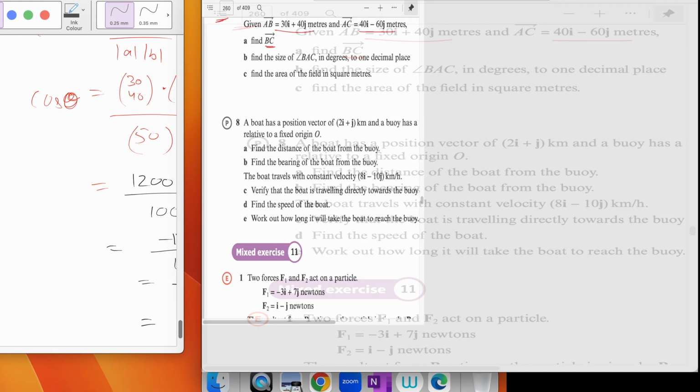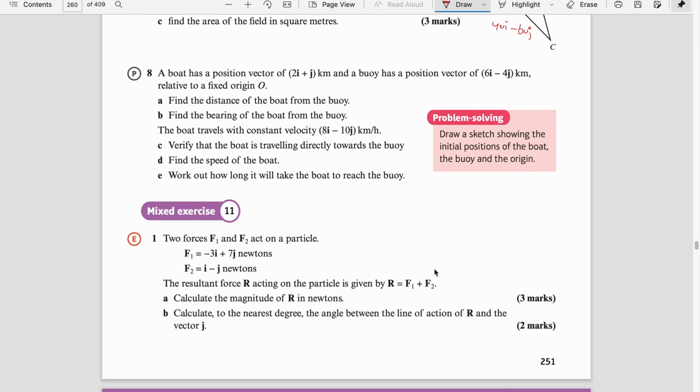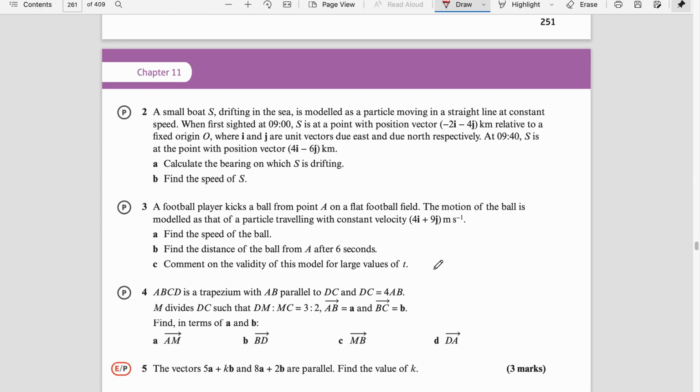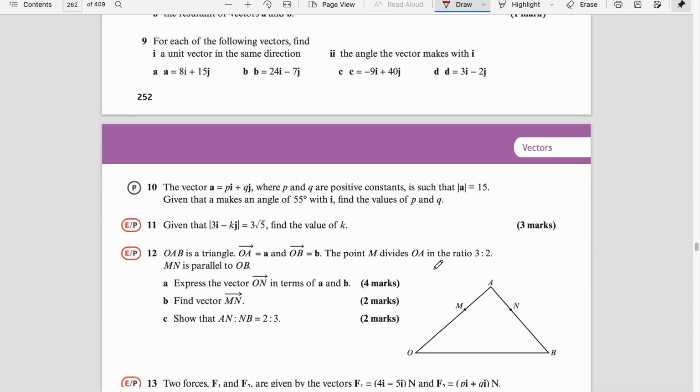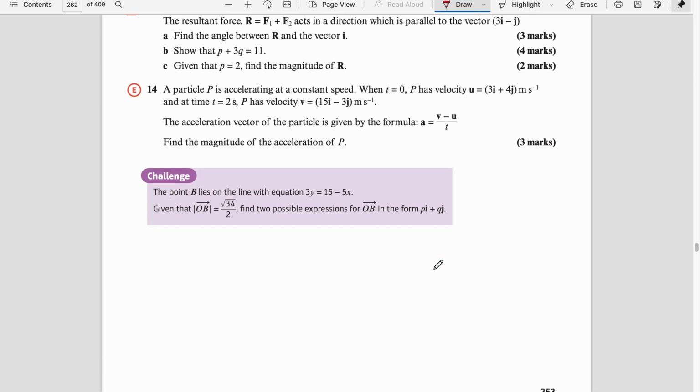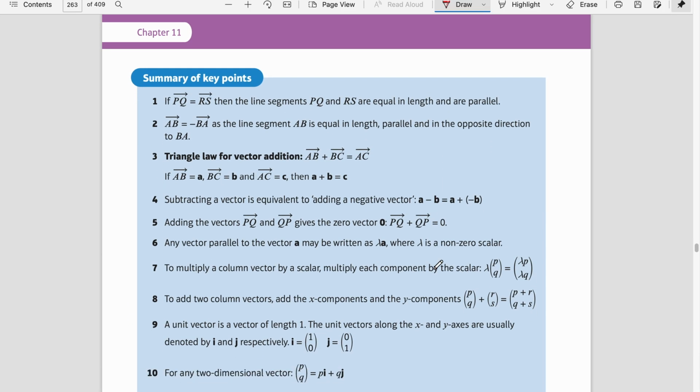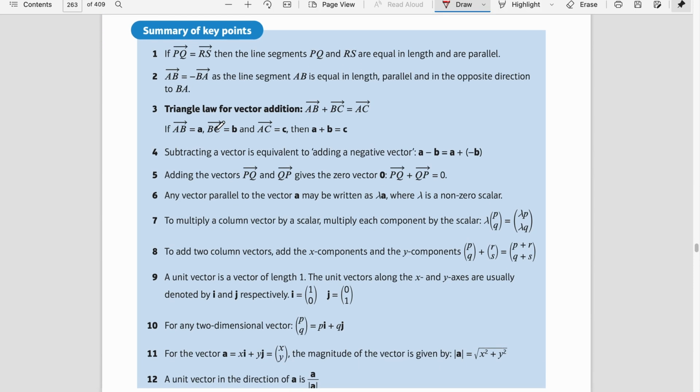And then I'll leave something for you to practice, like question 8 and then the mixed exercise, obviously a mixture of whatever we did in the previous exercises. And here's the summary. If two vectors are equal, they are equal in length and are parallel. Point number 2 is just the opposite of that.